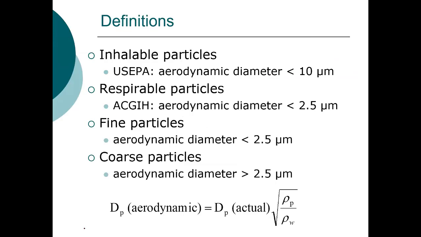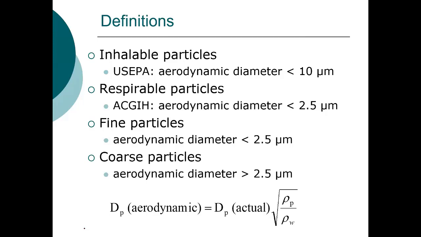I think what I'll do is maybe we'll talk a little bit about definitions for particles, and I think then we'll probably stop there and we'll pick up the rest on Friday. But just some definitions here.